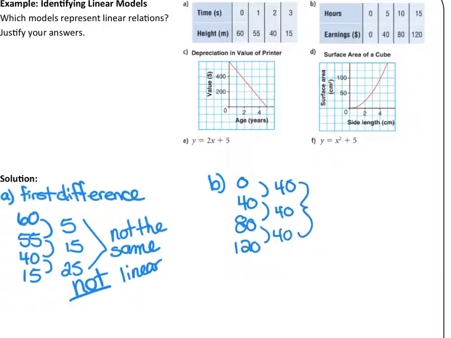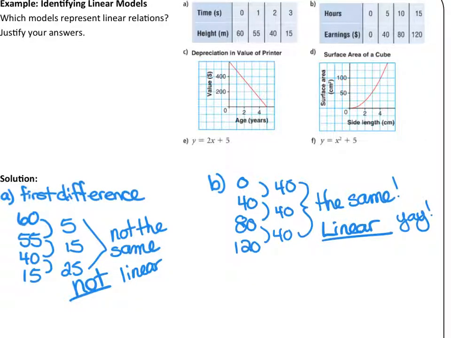So since these are the same, I can say that this one is linear. So we can go, yay, it's linear. So that's how you kind of deal with the table of values. You just look at those first differences.